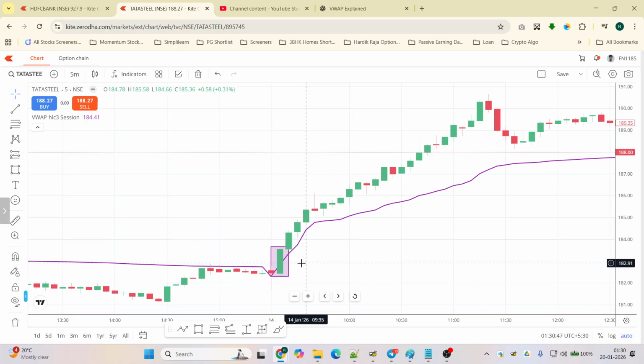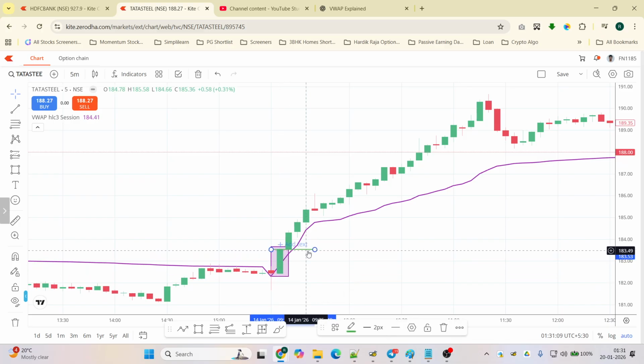The video is already there, you can check it out in the pinned comment in the group. The purple line is the VWAP, and the price has closed above the VWAP. This is the price, the closing price, and the candle has closed above the VWAP.